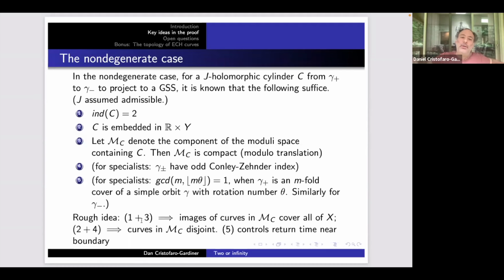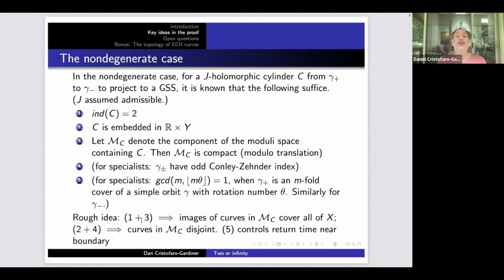And if I go closer and closer to the boundary of my projected cylinder, maybe I'm still transverse to the Reeb vector field, but I need to understand how long it's going to take to come back. I want that to be some finite number. And it turns out that if you have this nice condition on the rotation number, that'll get the job done.